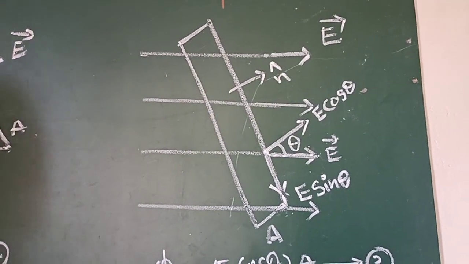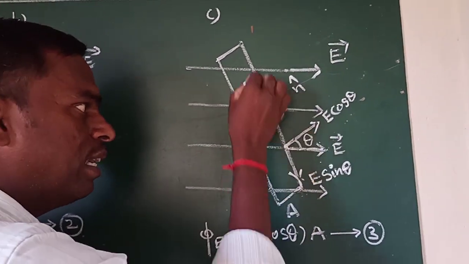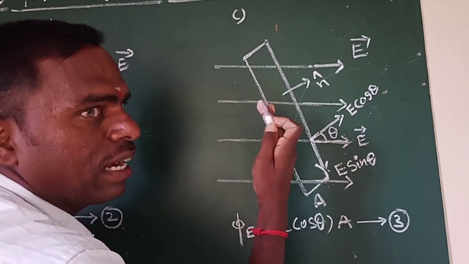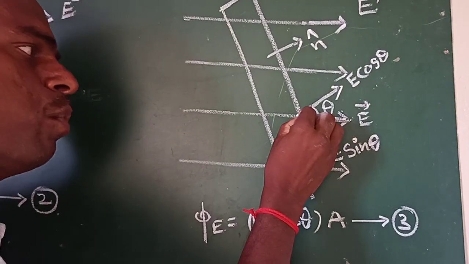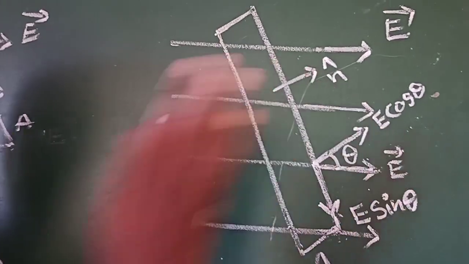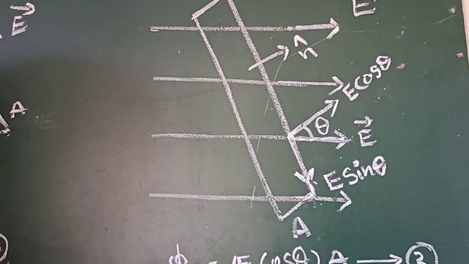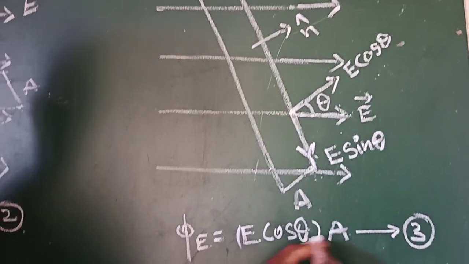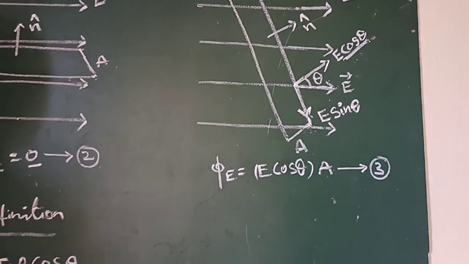Okay. Now the component of electric field perpendicular to the area only contributes to the electric flux, and the component of electric field parallel to the area will not contribute to the electric flux. So in this case the electric flux phi of E equal to E cos theta into A. Only this contributes to the flux.